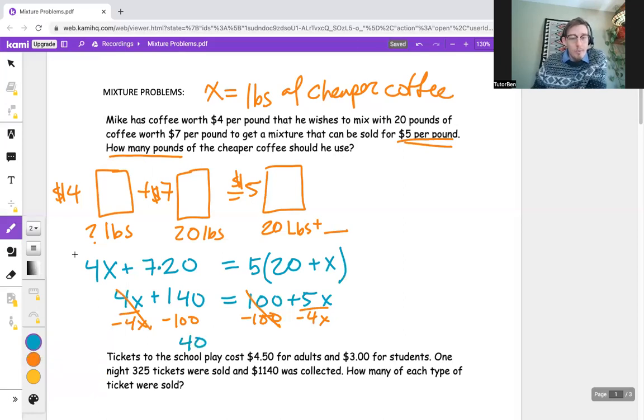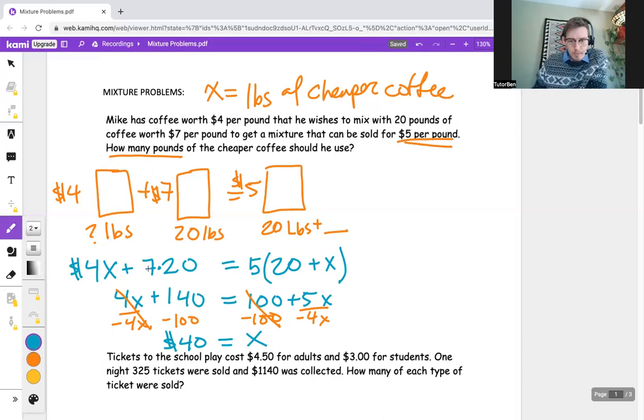Again, when we multiply this by dollars, the per pound cancels with the amount of pounds, and we're just left with dollars. So the units here is dollars. This is equal to 5x minus 4x, which is just x.